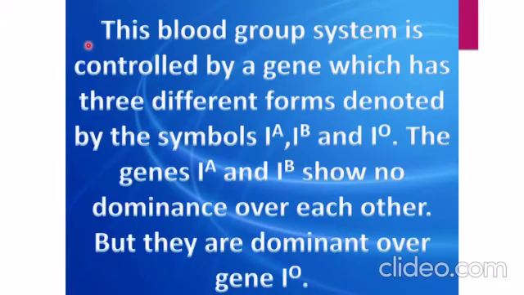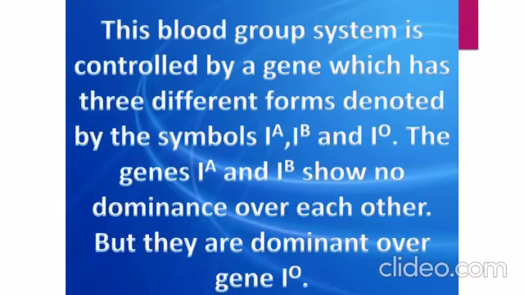This blood group system is controlled by a gene which has three different forms denoted by the symbols IA, IB, and IO. The genes IA and IB show no dominance over each other, meaning both are equally dominant, but they are dominant over gene IO.